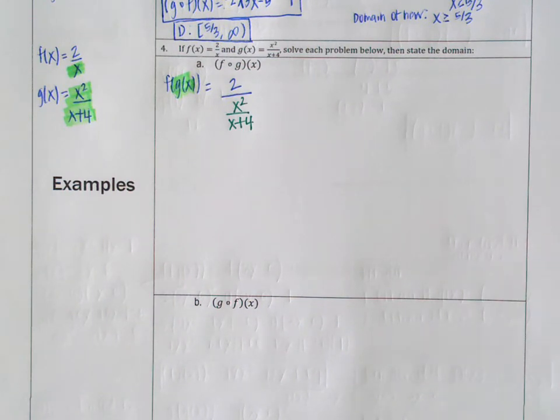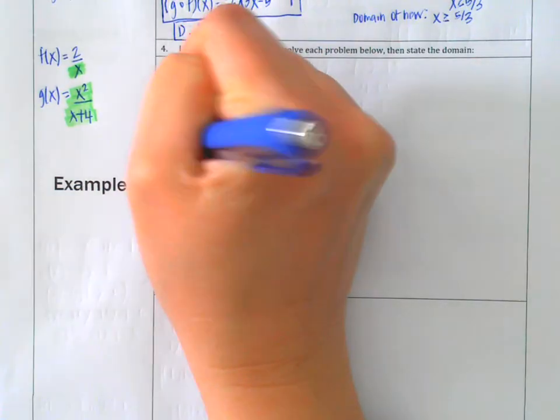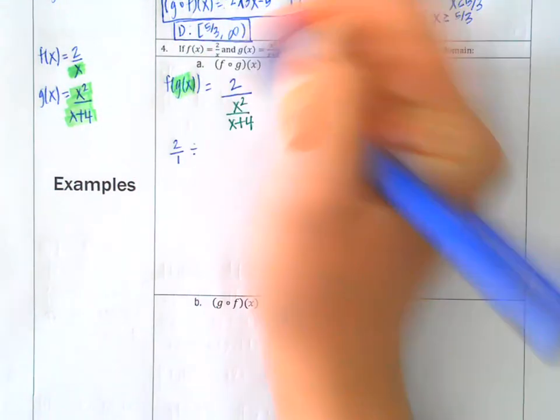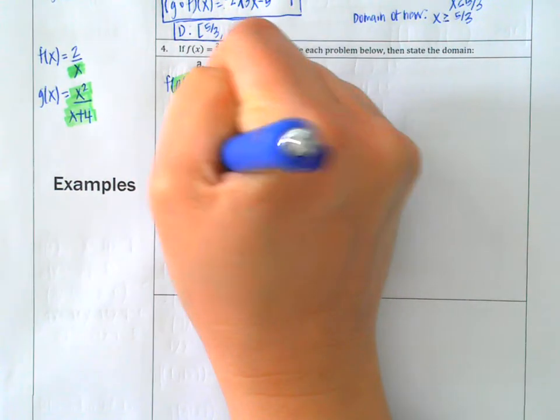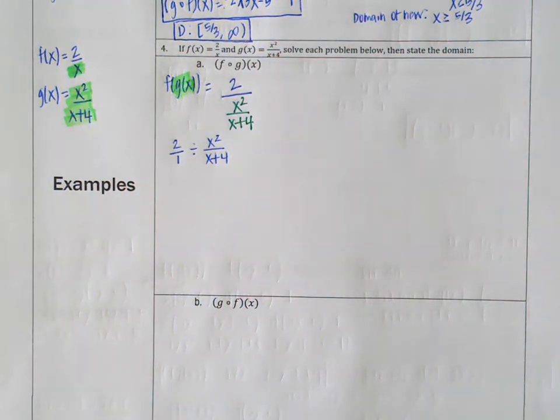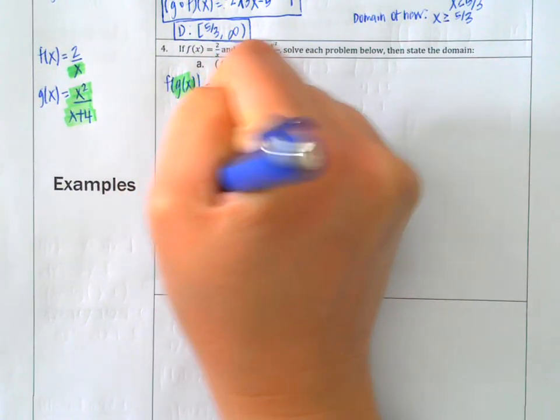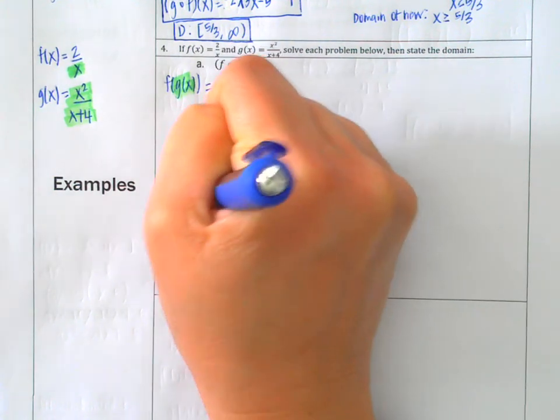If you're saying split it apart, you would be right, and write it as 2 separate fractions. So it would be 2 over 1 divided by x squared over x plus 4. Now we can take the reciprocal of the second one and multiply. So 2 over 1 times x plus 4 over x squared.